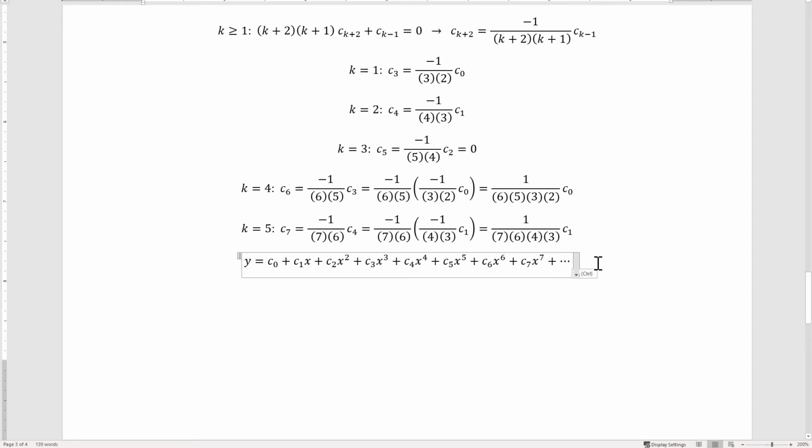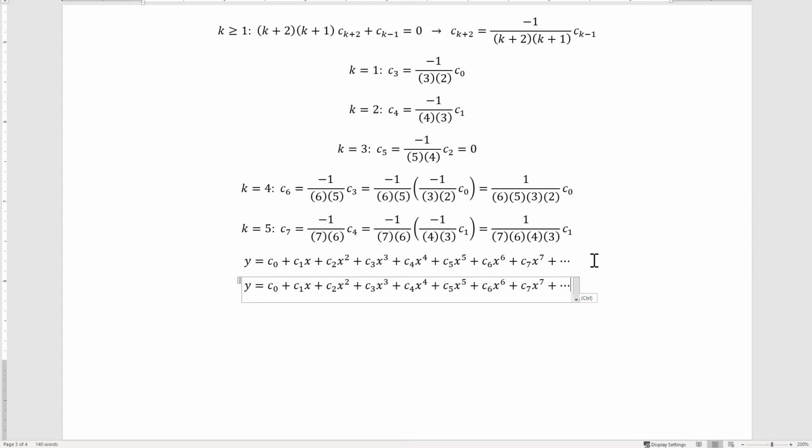So this is our general solution, and we want to just put in the values. We don't have a value for c sub 1 or c sub 2. C sub 0 and c sub 1 are the arbitrary constants. C sub 2 disappears. I wonder if we should just get rid of it. Let's just put a 0 for now. C sub 3, what do we have for that?